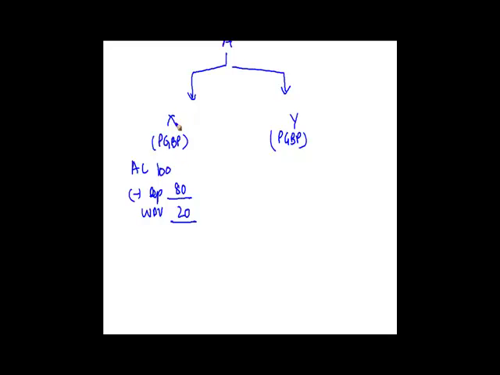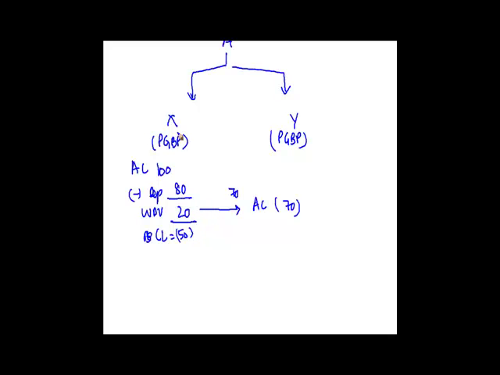Now let's say X had business, or let's say capital loss of 50. So what X did was, X sold this plant and machinery to Y for 70 rupees. Y got it for 70, so the actual cost was 70.